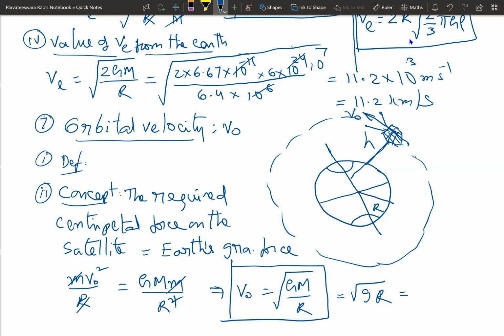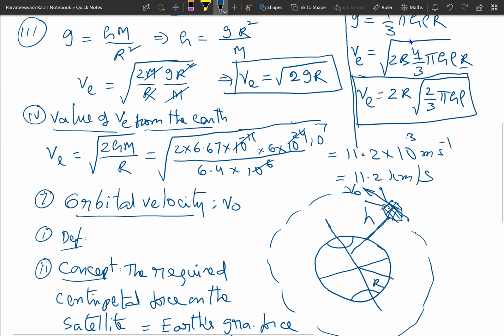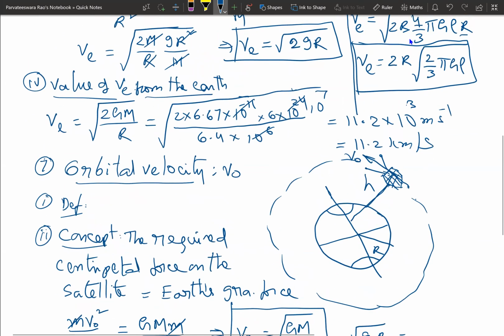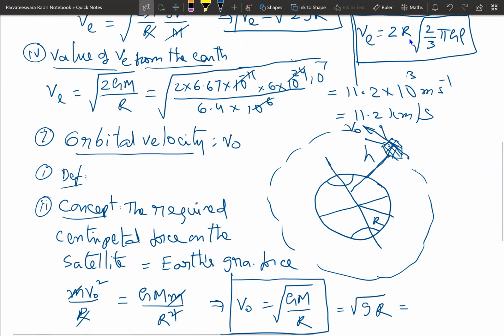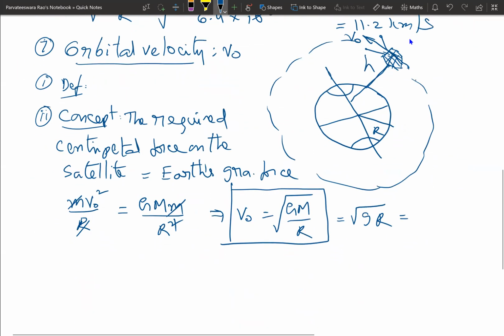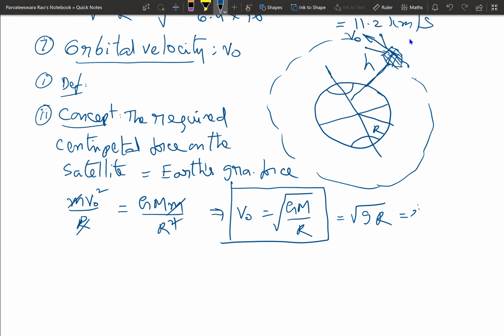So it will be 2r into root of 1 by 3 pi G rho.